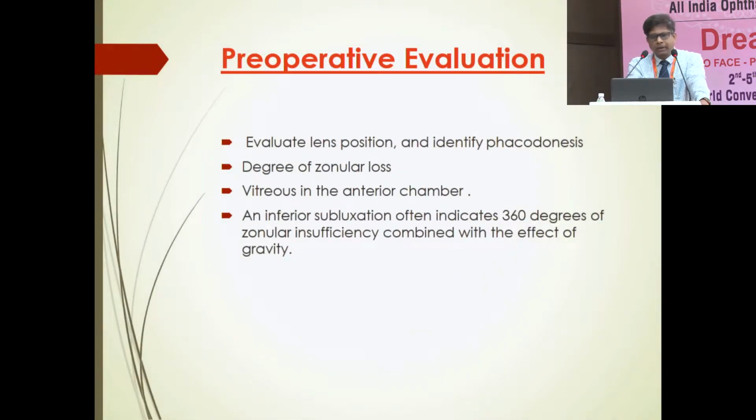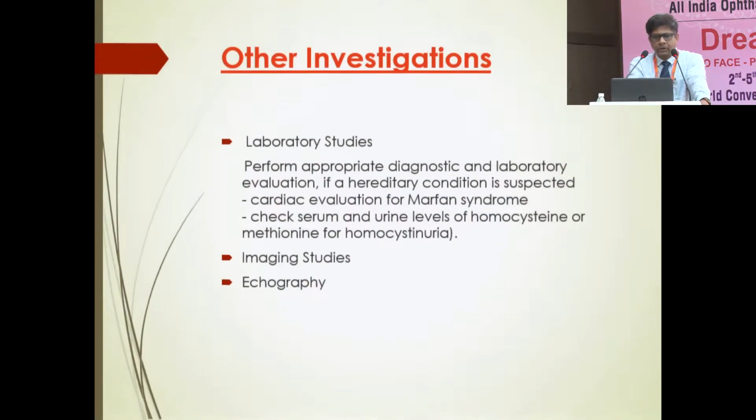And if you are planning surgery, then evaluate the lens position, the degree of the zonular loss, and see if there is any vitreous in the anterior chamber. And other investigations as advised by the pediatrician in congenital cases.